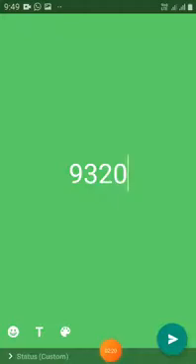Of the four digits given, 9 is the largest, so 9 will be in the thousands place. 3 will occupy the hundreds place, 2 the tens place and 0 the ones place. Thus, the required number is 9320.